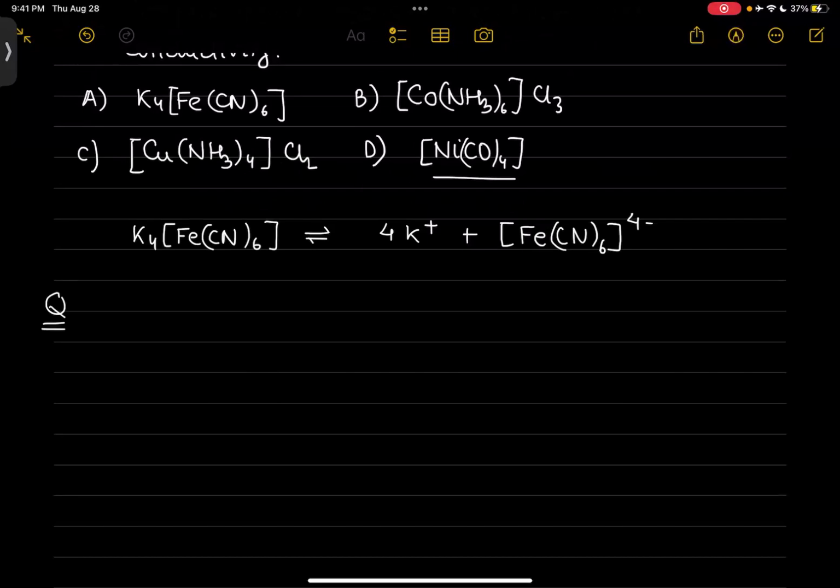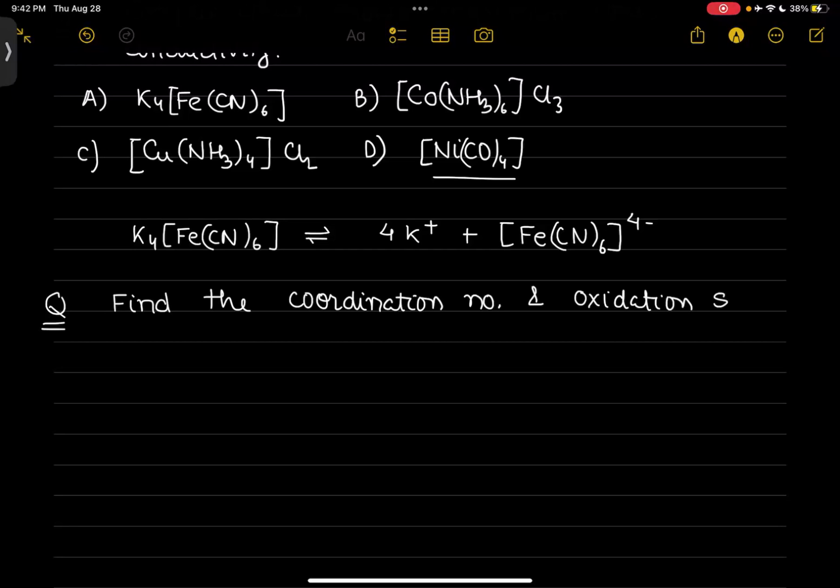So, what is the coordination number and the oxidation state of chromium in K3[Cr(C2O4)3]?